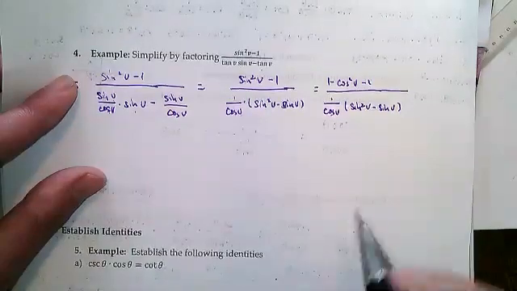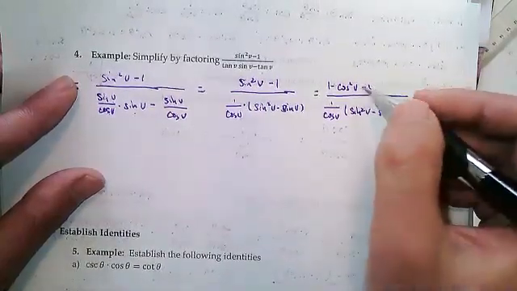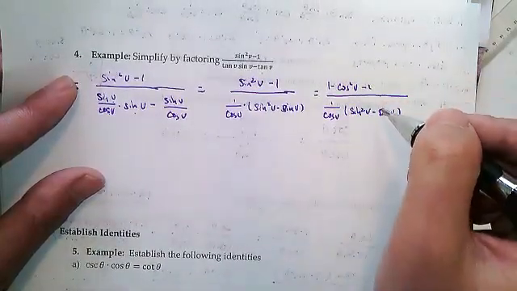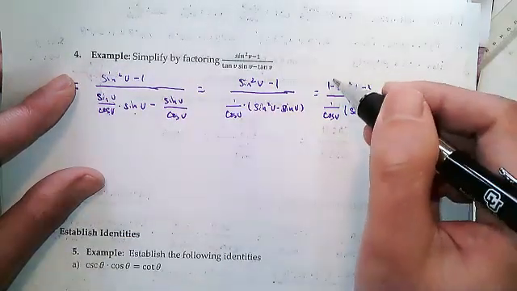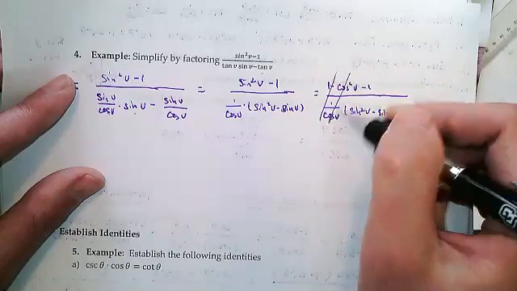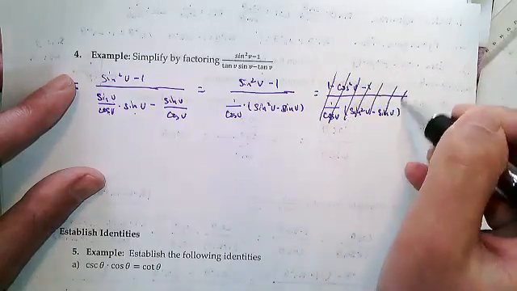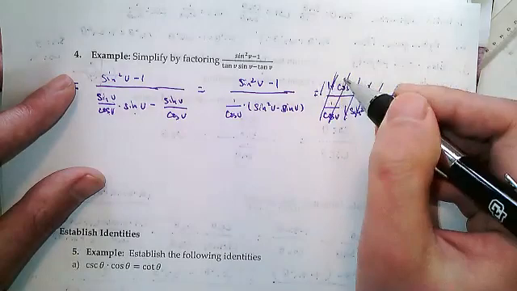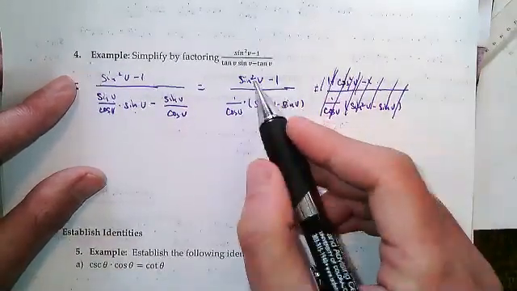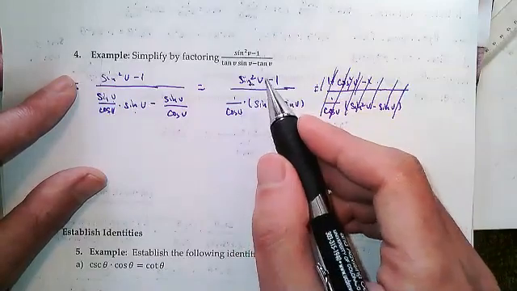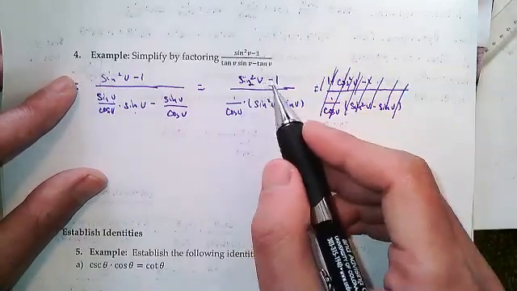Oh, by the way, I think I made a mistake. This is all right. But this is not the shortest path to go to the solution. I apologize. I think the shortest way is factor this.